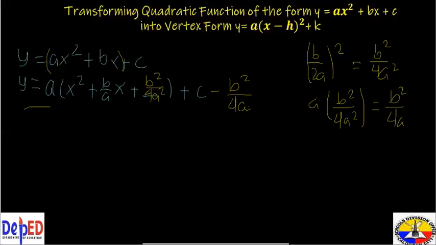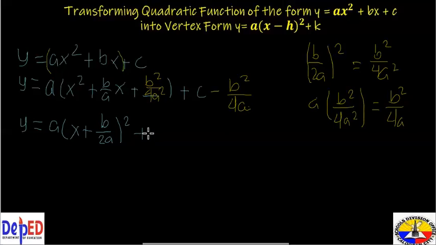So we have y equals a multiplied by, so factoring x squared plus b over a x plus b squared over 4a squared, we get x plus b all over 2a, squared. And then we simplify this part.